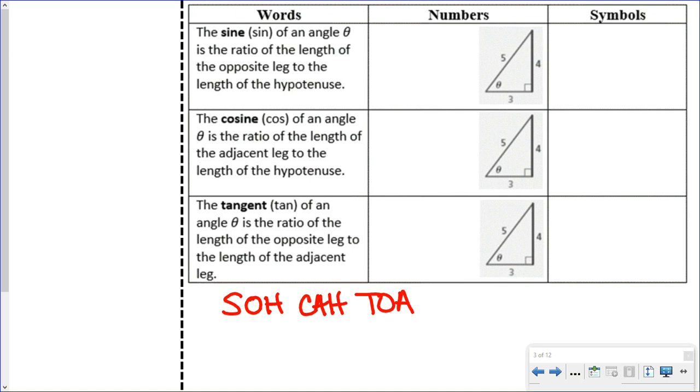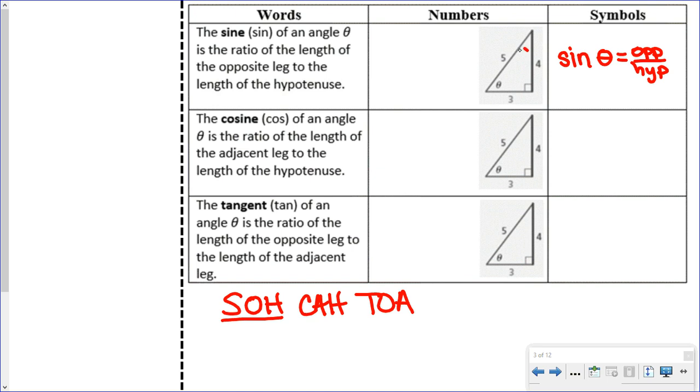So if I were to write that over here in the symbols column with a formula, sine of theta is going to be opposite leg over hypotenuse, which if you look at SOHCAHTOA, S-O-H, you have sine is opposite over hypotenuse. Okay, so here's an example.